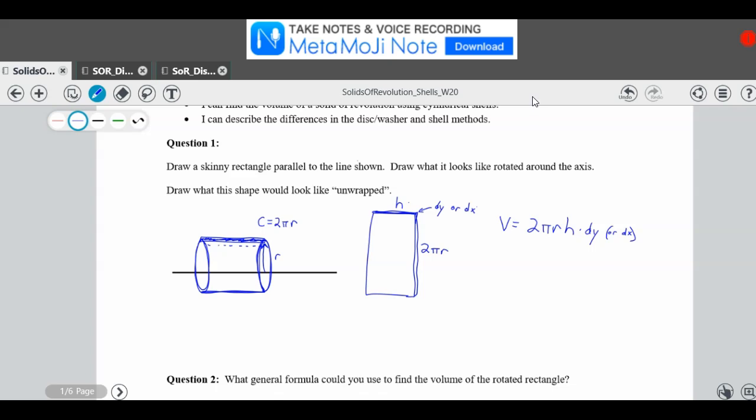And this is what we're going to do for pretty much any shell. This is the volume of one particular shell. Now you probably have a good idea of what's going to happen. We're going to add up a whole bunch of these shells with an integral and compute the volume that way.